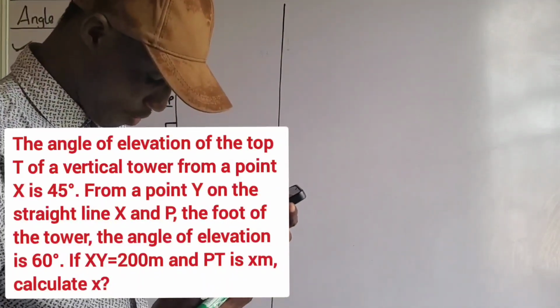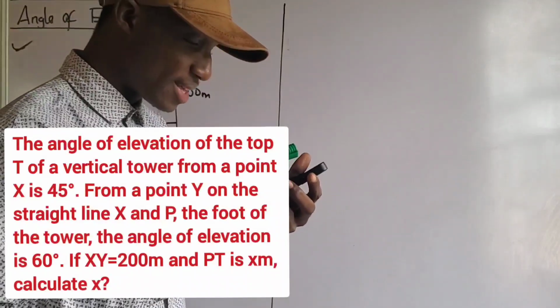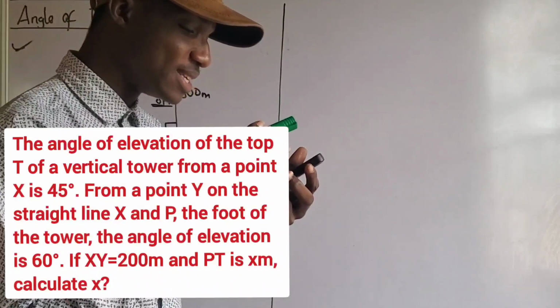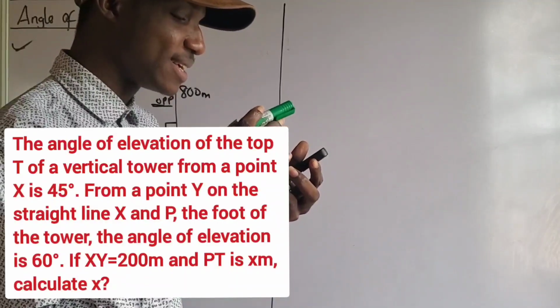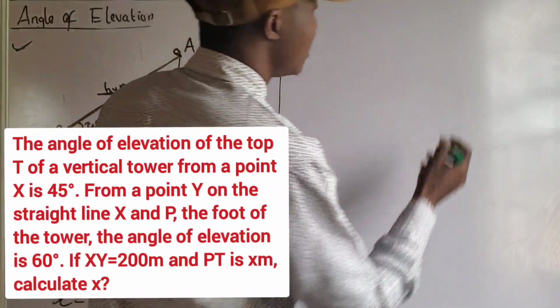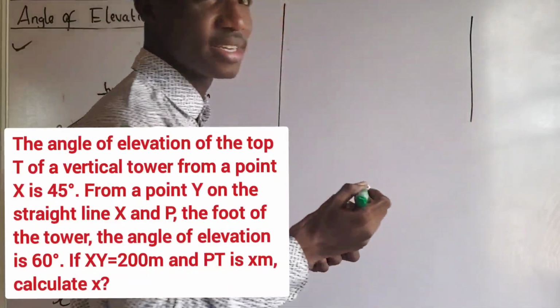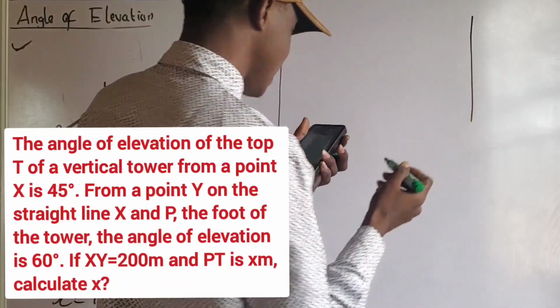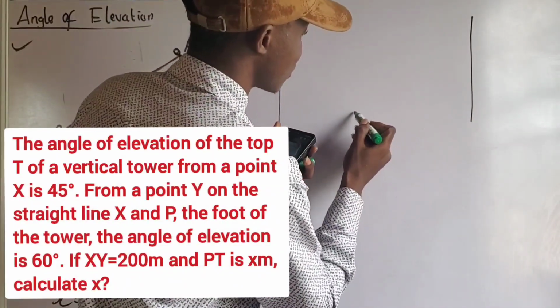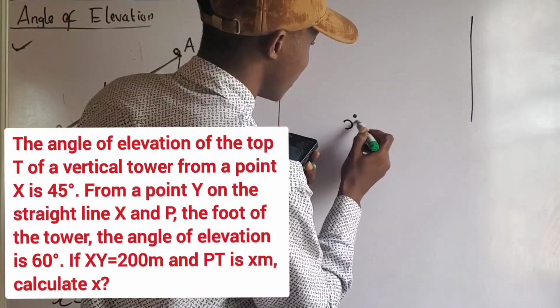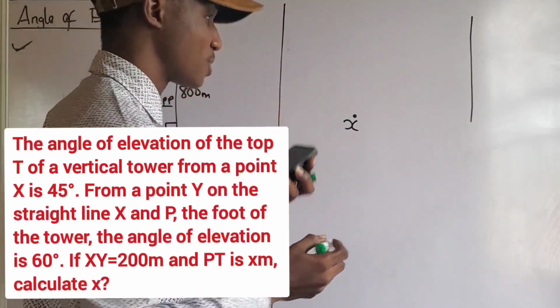We are given that the angle of elevation of the top T of a vertical tower from a point X is 45 degrees. So let this be the tower, and from a point X, let's call this point X, the angle of elevation is 45 degrees.